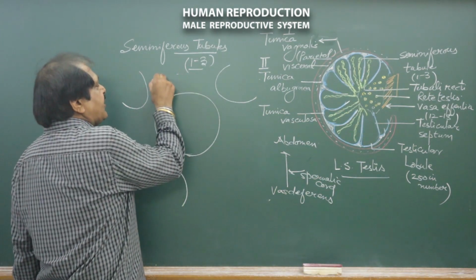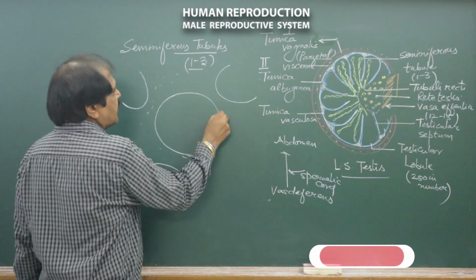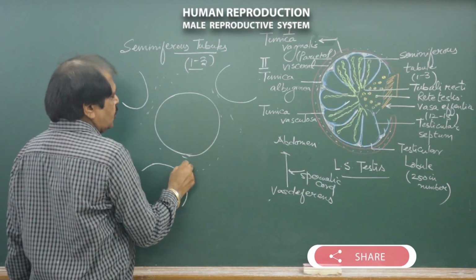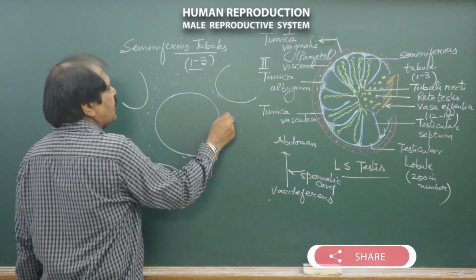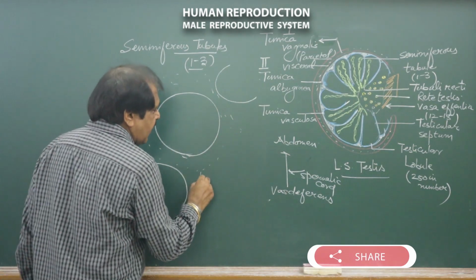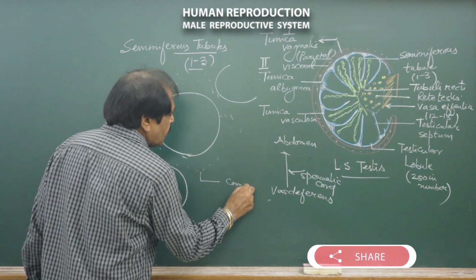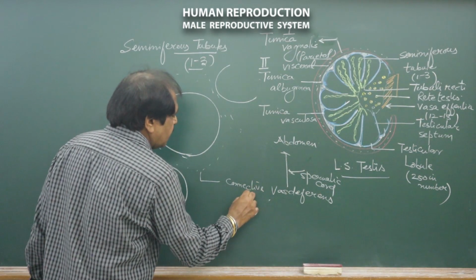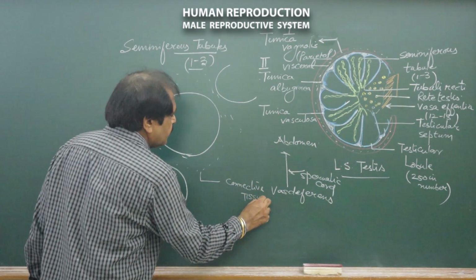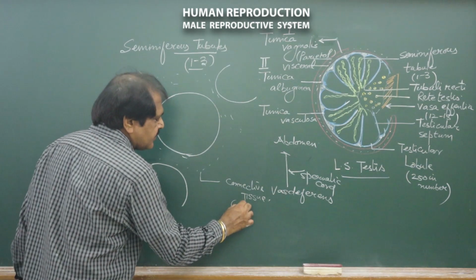This is the connective tissue between two different seminiferous tubules. It contains blood vessels.